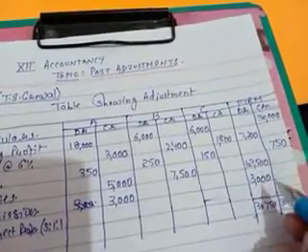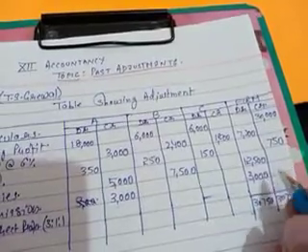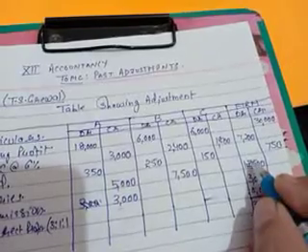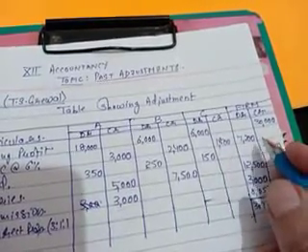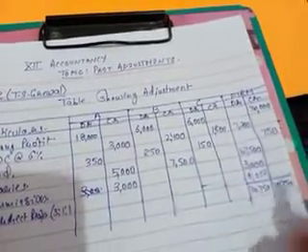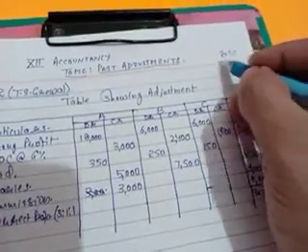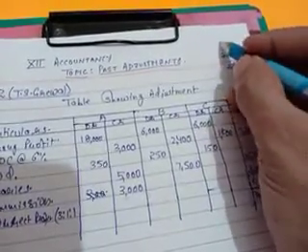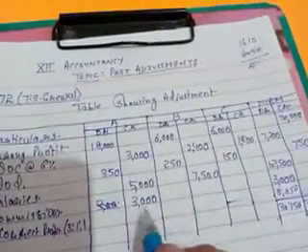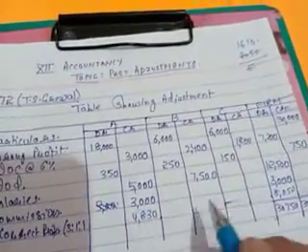So when we subtract 15 and 7, we get 22,8,050. Now this 8,050 shall be divided amongst the partners in 3:1:1. 8,050 divided by 5 is 1,610. So 4,830, 1,610, 1,610.